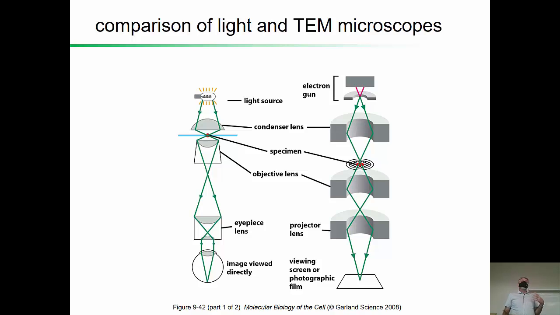To get better resolution, we need to utilize electron microscopy because the electromagnetic waves have a much shorter wavelength than visible light. So with visible light, we're limited to the shortest wavelength, which is violet light, and that's 390 nanometers. And so utilizing electromagnetic waves, we get down to, I believe we said something like 0.004 nanometers.